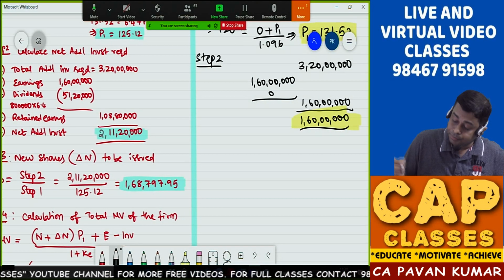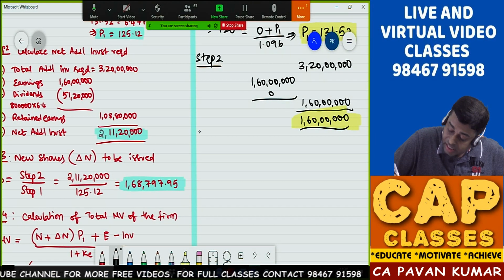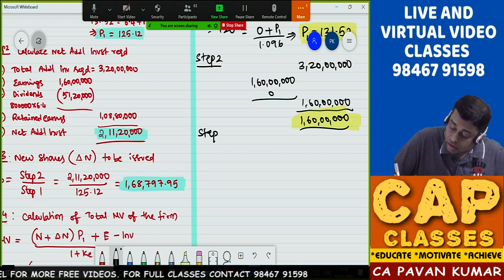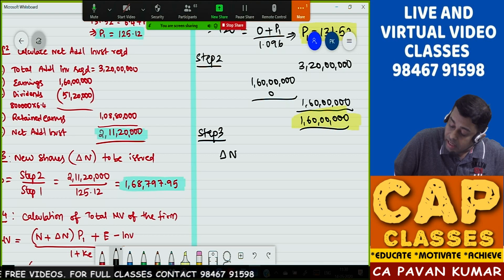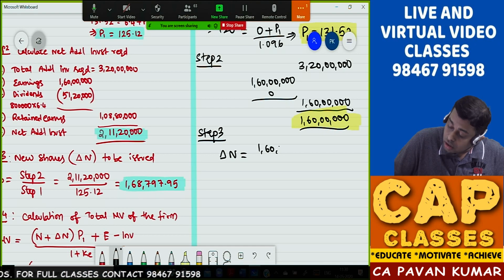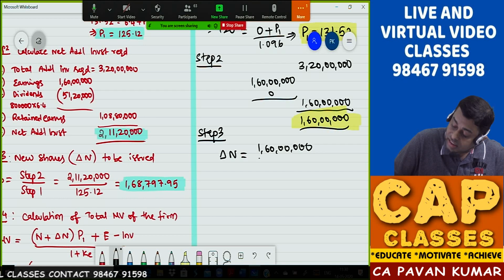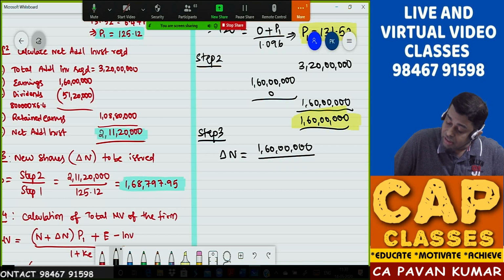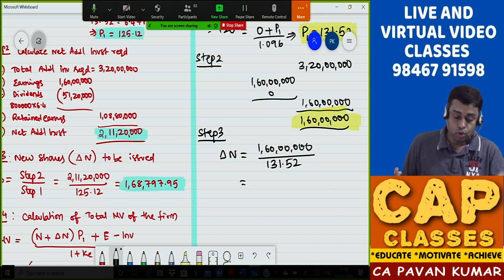Then step 3. How many new shares do I have to issue? Delta N is equal to 1 crore 60 lakhs, the total net additional investment I want. I can issue it at 131.52. So step 2 divided by step 1.